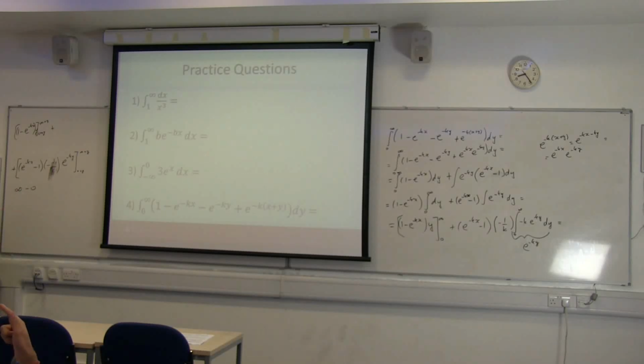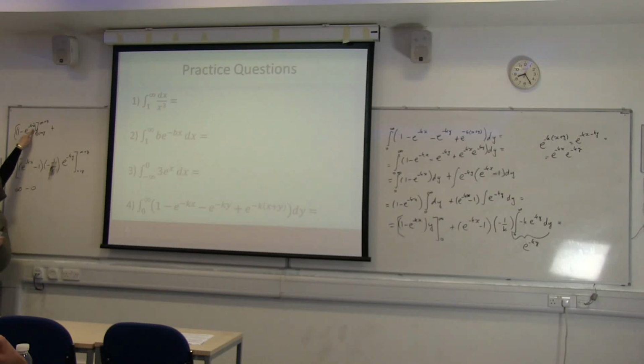Sorry, how do you know there's not a minus on the bracket? The 1 minus e to the minus k. It doesn't matter, because then wouldn't it be minus infinity? Well, that's just the constant multiplied by positive infinity. It's going to be positive infinity. Right. Okay.